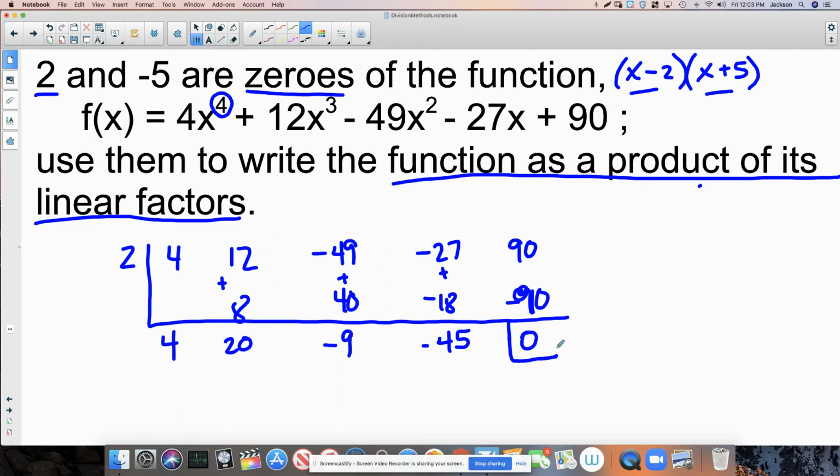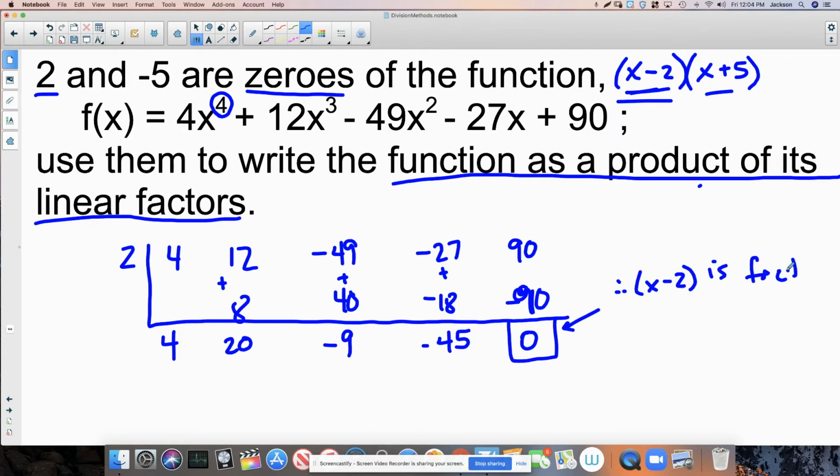So again, this 0 right here confirms that 2 is in fact a 0 and that x minus 2 is a factor. Therefore, x minus 2 is a factor because we got a 0 remainder.